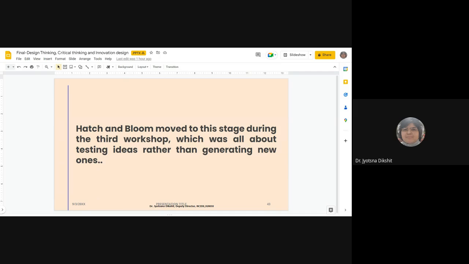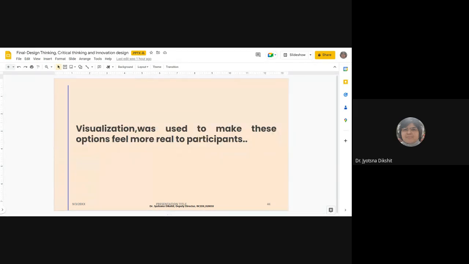They showed the participants 3 different versions of the menu, which were different in terms of color, typography, and picture. So basically, the concepts which appeared to be abstract during the ideation stage, they tried to concretize using the visualization technique.